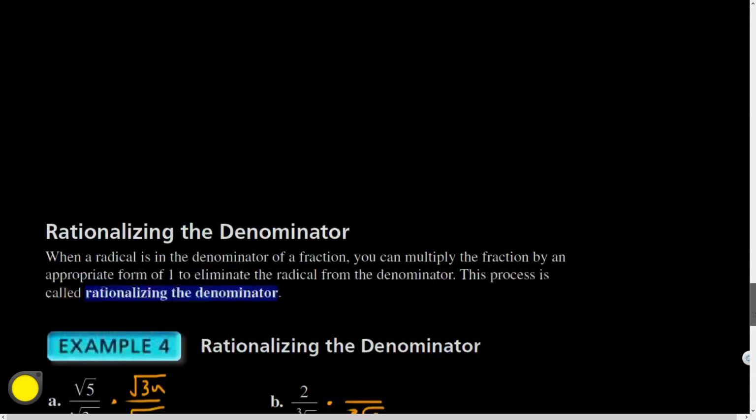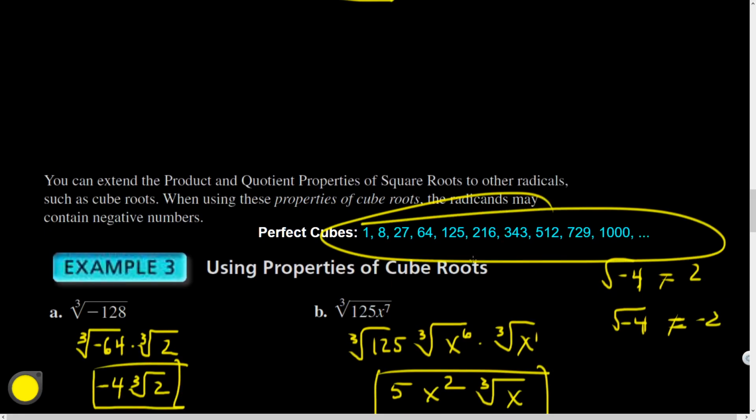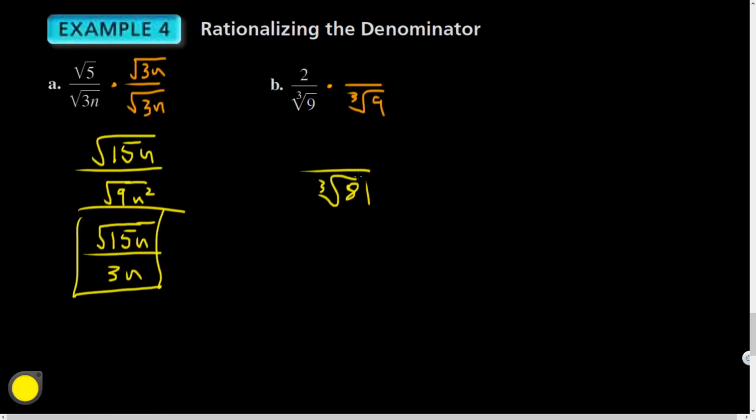But the problem is, what's wrong with 81? 81 is not a perfect cube. 81 is a perfect square, and so 81 cannot cancel out with a cubed root. Now, I could have broken it up into this, and this could have reduced, and I'd get 3 cubed roots of 3 in that denominator eventually.